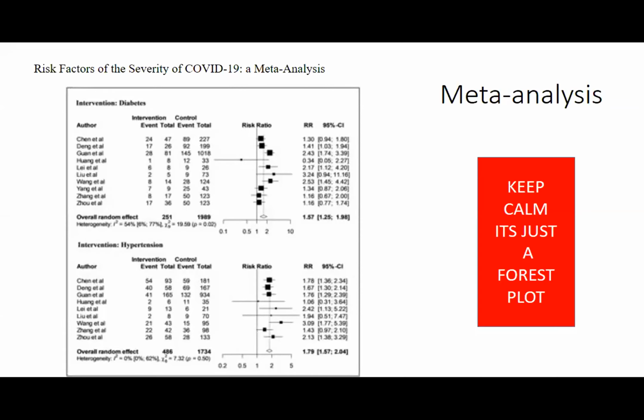If you get an answer of 1, it means there's no difference. So the vertical solid line is the line of no difference. And then the individual lines with the little blocks represent the results for each of the studies that were included. You can see in the top one, there were about 10 studies included that looked at diabetes, and about a similar number of studies that looked at hypertension.